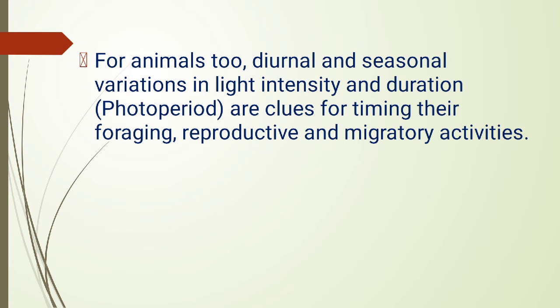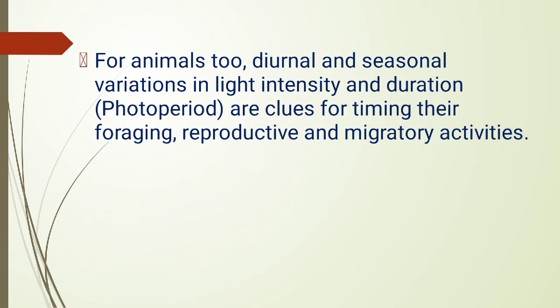Now these three different types of plants produce flowers having a critical period of light. For example, short day plants produce flowers when they get a short duration of light. And long day plants produce flowers when they get a long duration of light.